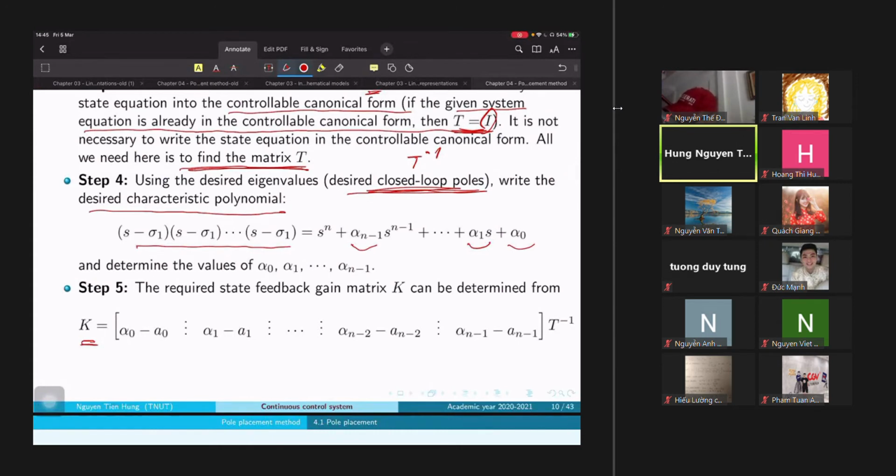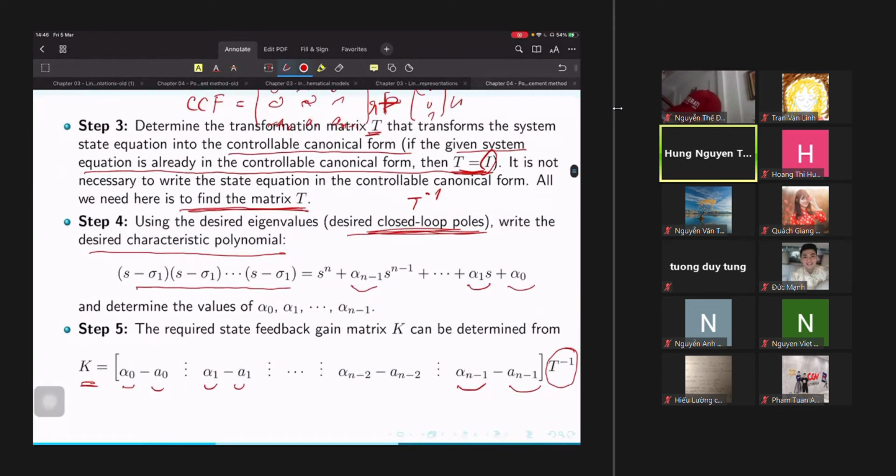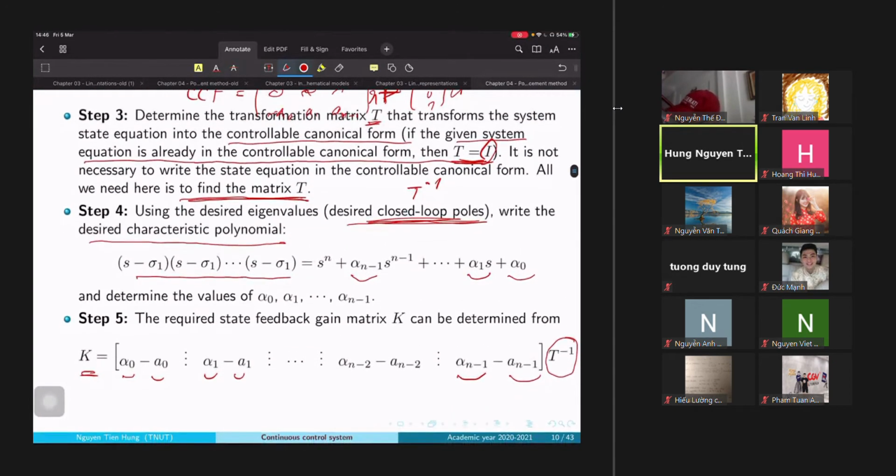We take alpha naught minus a naught, alpha 1 minus a1, up to alpha n minus 1 minus a n minus 1, multiplied by the inverse of the transformation matrix.